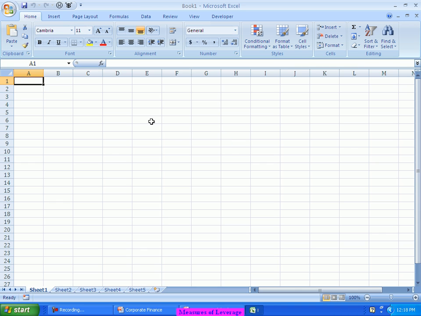Let's say we'll talk about two companies where both of them have made sales of 100 only, right? 100 million is the sales which both these companies have made, and let me say they have sold some 10 units each at 10 million.